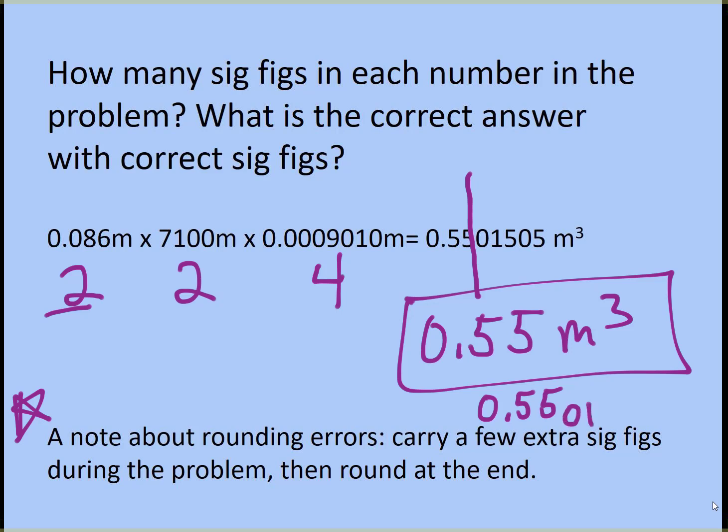So this would tell me I have 2 sig figs, and actually that one, I think I'd round up to 2 because of that 5. Anyway, so I'll just carry a few extra sig figs, and at the end I would round. So this just avoids rounding errors, because if you take your answer from the first part of the problem and round it, and then the second part of the problem and round it, and the third part of the problem and round it, by the time you get to your answer, you might have an error.